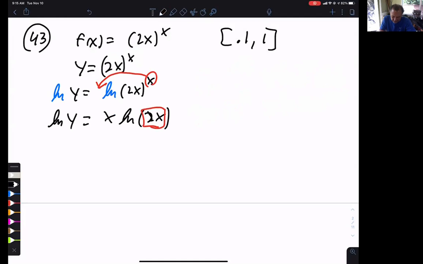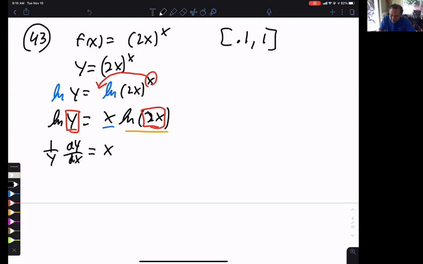The derivative of the left side: y is our function, so that's a box. ln of box is 1 over box times the derivative of box, so 1 over y times dy/dx. Now this side we have a product rule, two things being multiplied. You leave the first alone, take the derivative of the second.